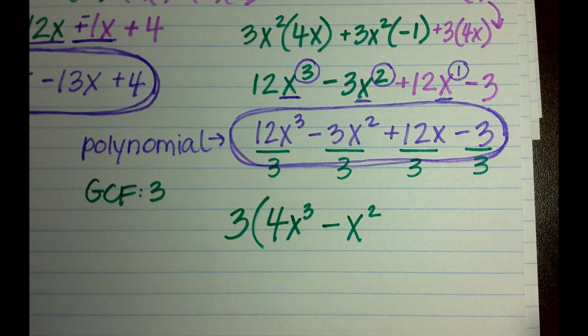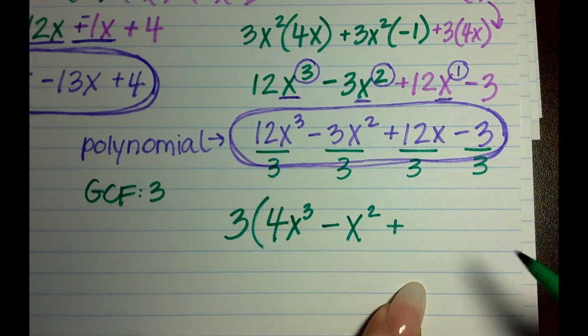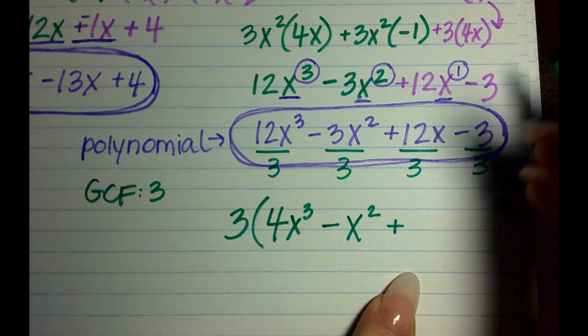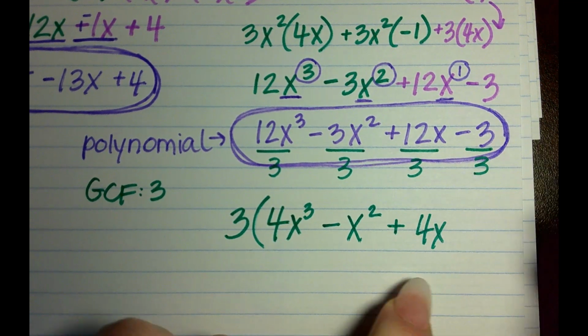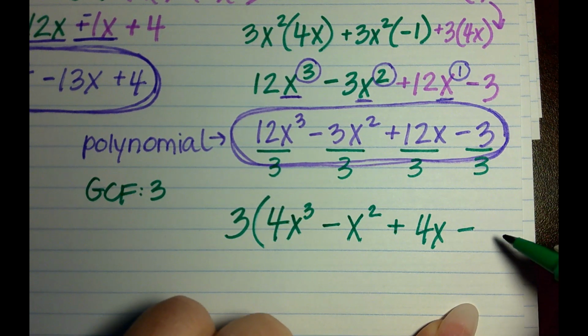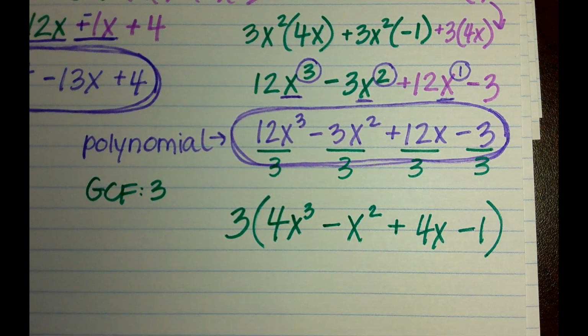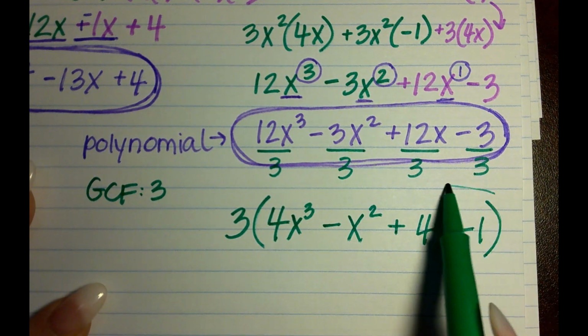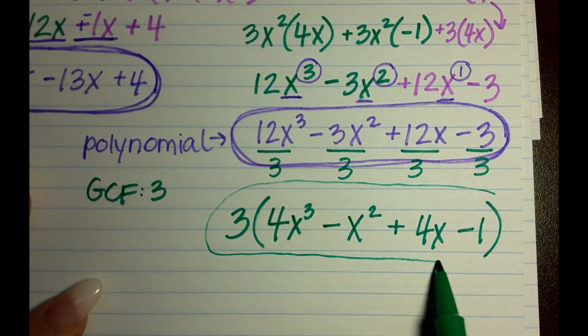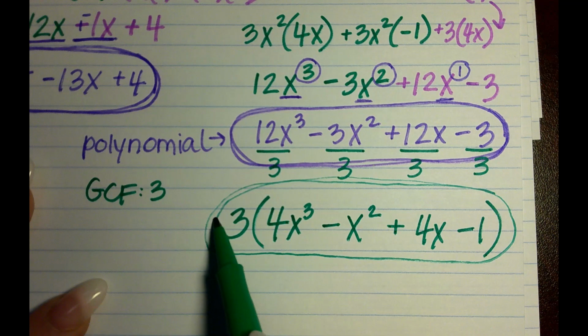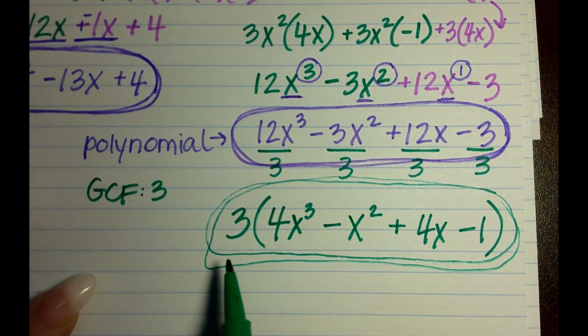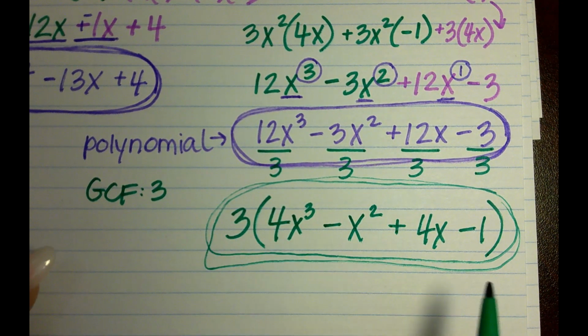Perfect. 2 more. Plus 4x. Plus 4x. Good. Minus 1. Amazing. That's awesome. Okay. So I didn't ask you to do this on the do now. This was just for a little extra practice, see if we could do it. But this would be what it would look like if we decided to factor out the greatest common factor.